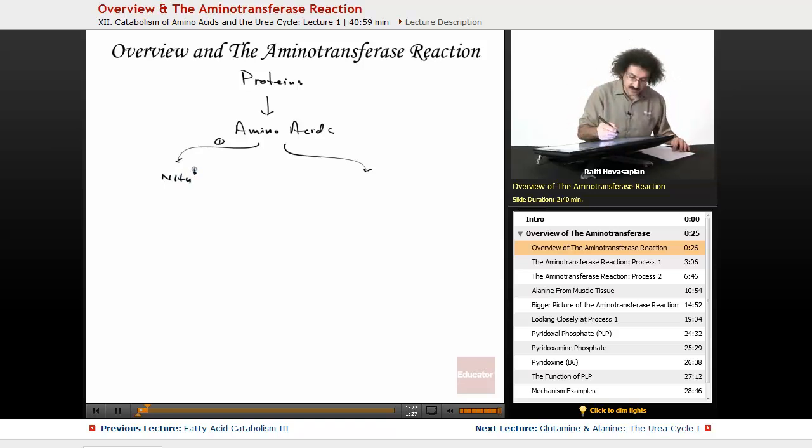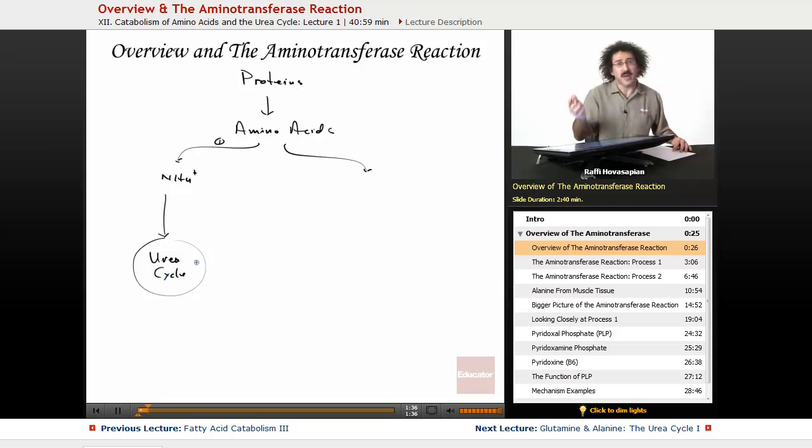The amino group is taken away, and this eventually enters the urea cycle. Some of it is used for biosynthesis, this NH4. The rest of it enters the urea cycle for excretion. So let's go ahead and put urea there. So that is the urea cycle.